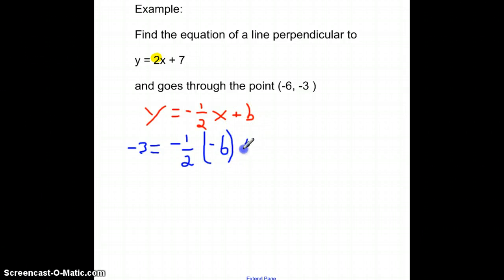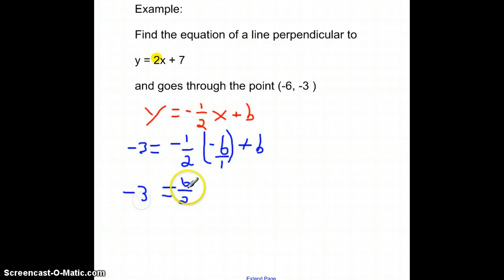And then plus B that we're looking for. So we go to simplify this. Again, if we need to, we can make this 6 over 1. And we would multiply straight across. Negative 6 times negative 1 would be positive 6 over 2. We'll simplify that in just a second.